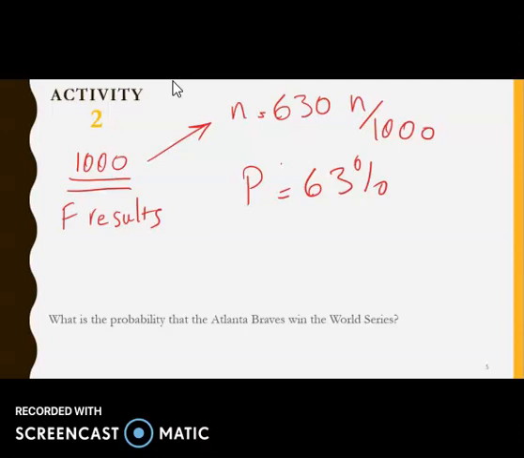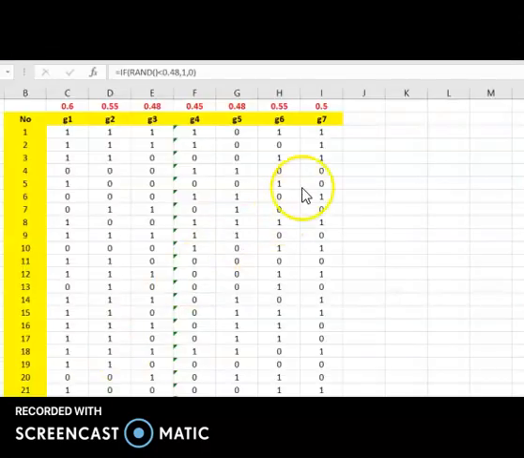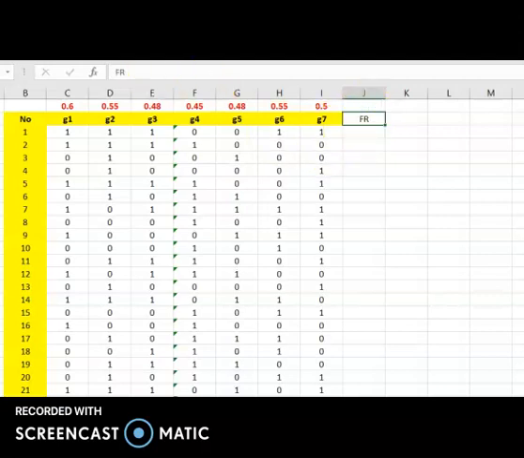We need to calculate the number of times the Atlanta Braves win out of those 1000 times, and after that it would be just a simple division to get the answer. So here I have to create another column, and I'm going to name it final results, and make it look better.